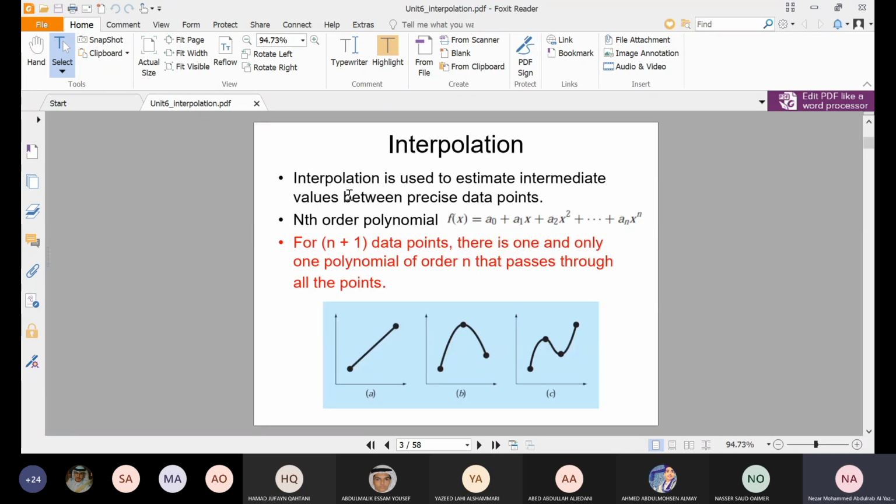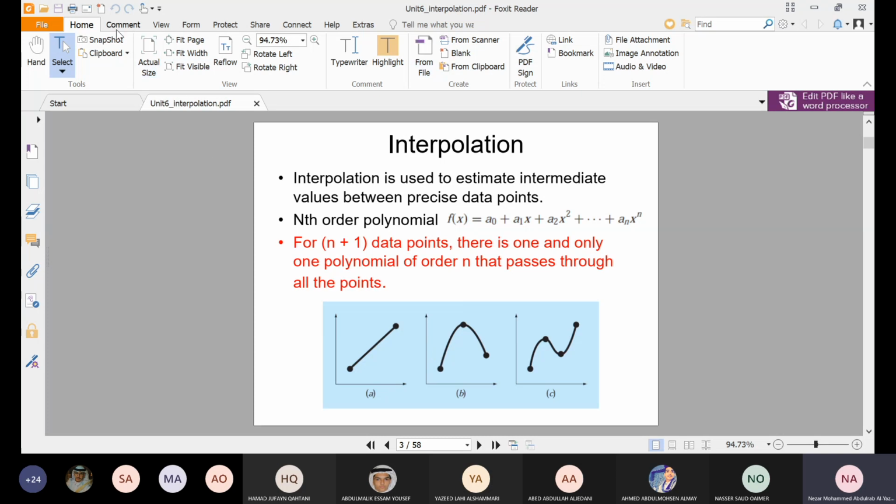Usually it's used to estimate intermediate values between the data points that we have. If we have n plus 1 data points, there is at least one polynomial of order n that can connect all these data, or exactly draw all these points. It should draw all the points, not like least square.